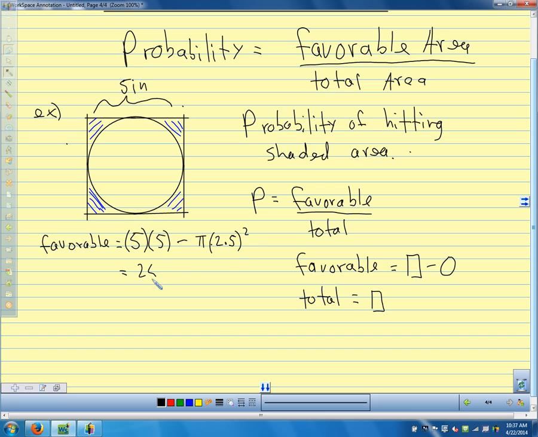So I get 25 minus, when I calculate this out, I get 19.635. And when I subtract that, I get 5.635. No, I did my subtraction wrong, didn't I?